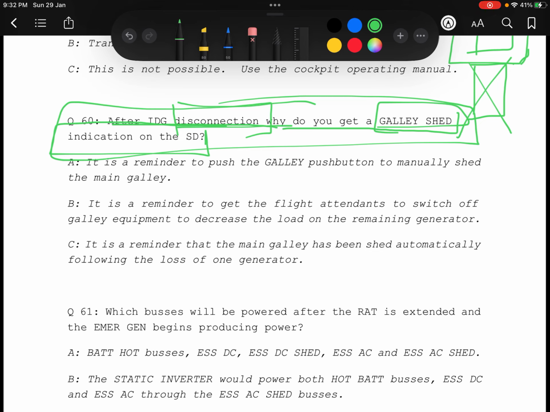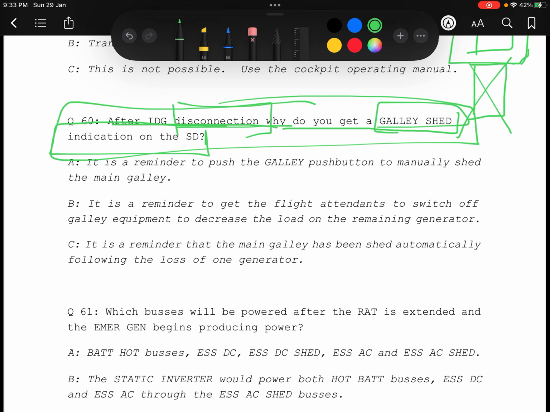Any AC bus. If any of the generators is not working or not supplying, and there is only one side which is supplying both lines, then some of the load is automatically shed from the aircraft galley or cabin.